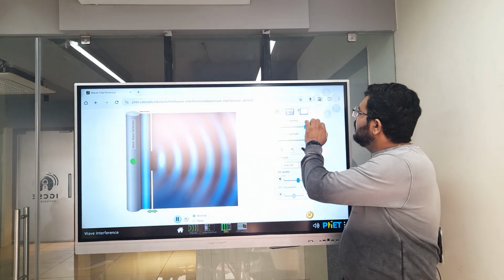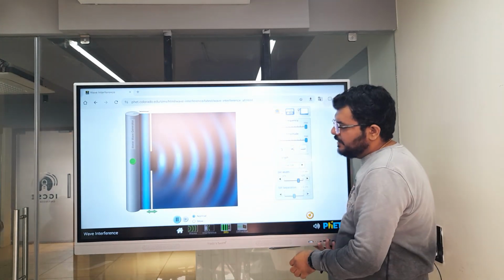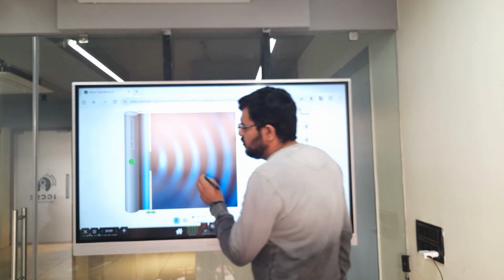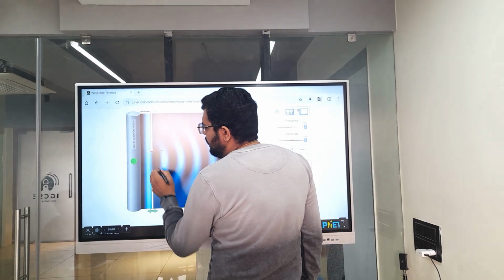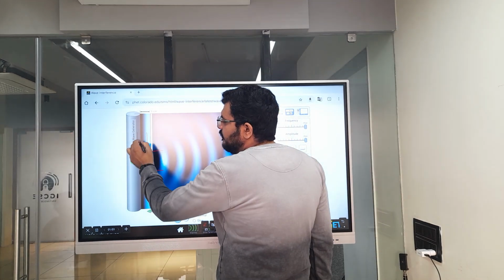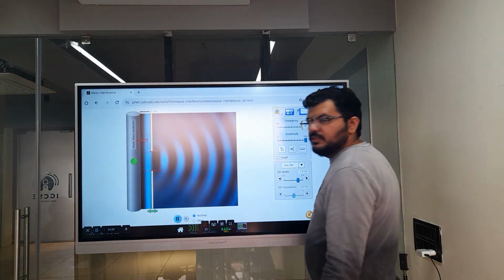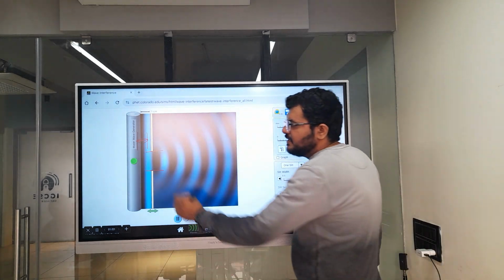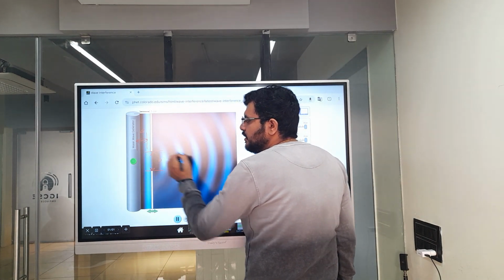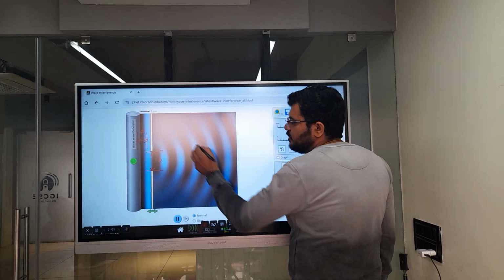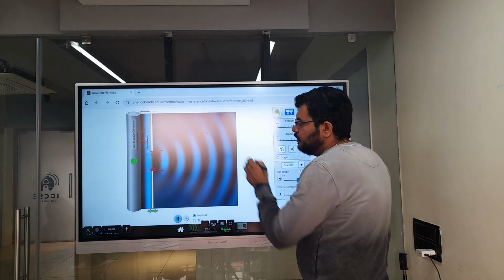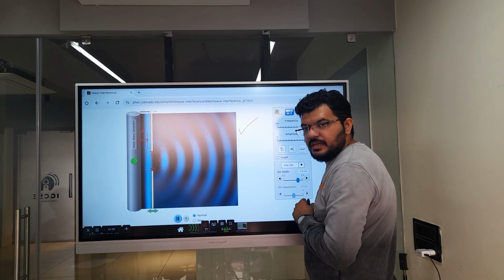When I say bigger gap, what does that mean? Let's look at this diagram. Now if this gap is greater than the wavelength, let's say this is A and this is B. So wavelength greater than gap, diffraction will happen.